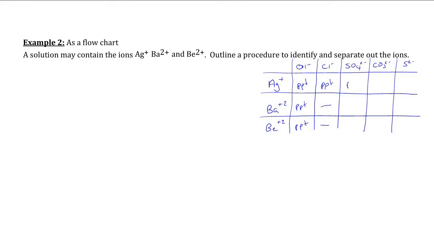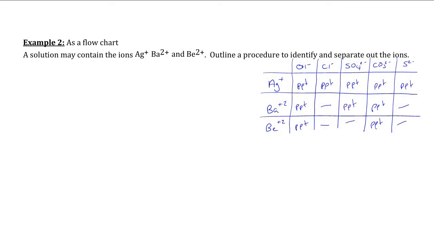The sulfate also forms a precipitate with the silver, but also with the barium, but not with the beryllium. Carbonate forms a precipitate with all three. And the sulfide only forms a precipitate with the silver, but not with the other two.